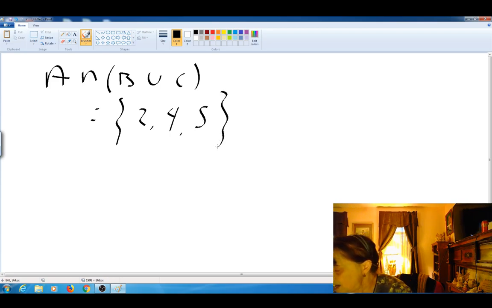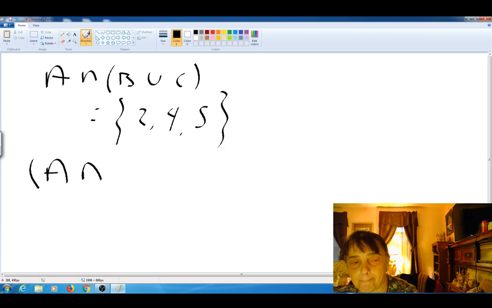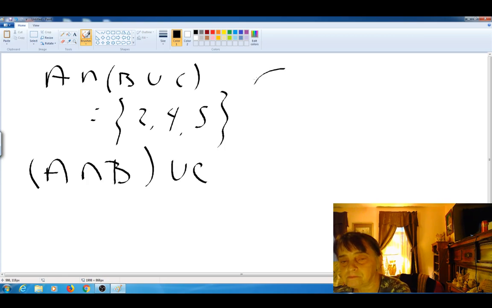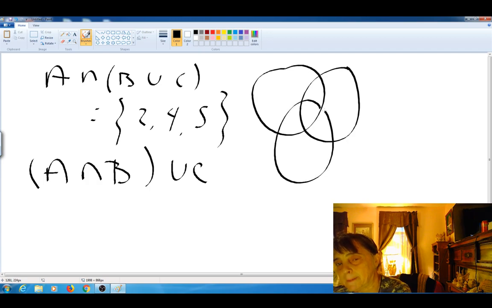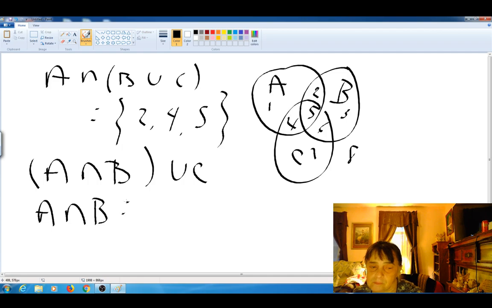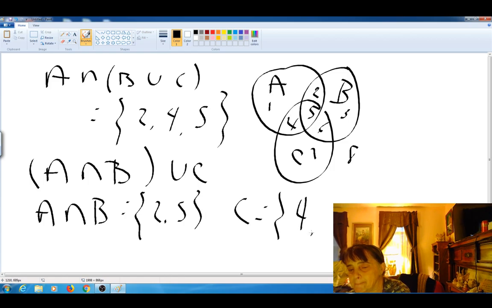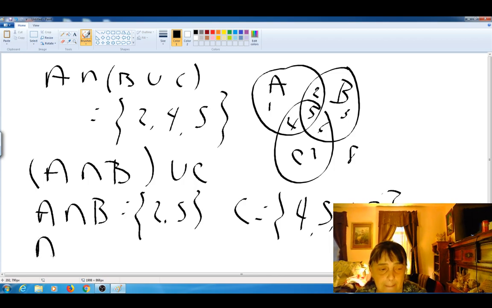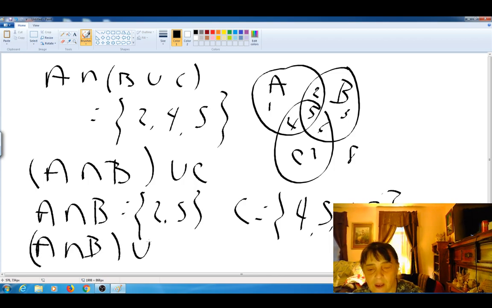Now what does the right hand side equal? A and B meet, and you have 2, 5. And C is 4, 5, 6, 7. And the union is 2, 4, 5, 6, 7.